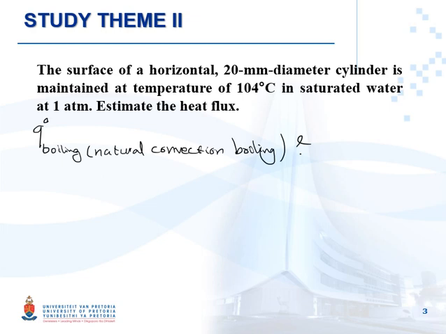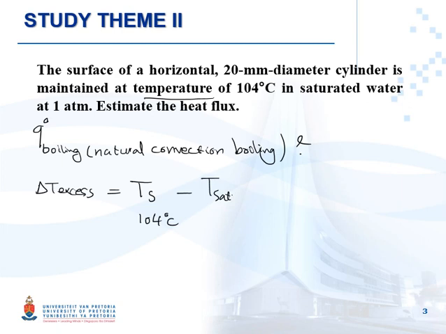Is requested. So first, we want to calculate the delta T excess, because here there is nothing mentioned about natural convection boiling. First we want to know what regime of boiling we are talking about. Delta T excess is the temperature of the surface, 104, minus T saturation of the liquid, but do we know it?